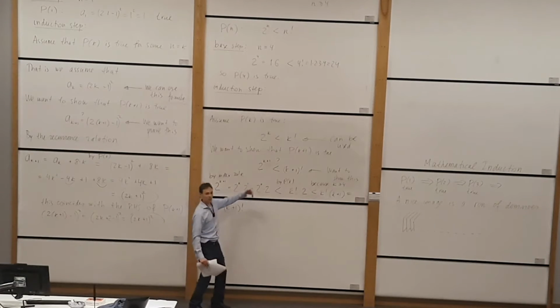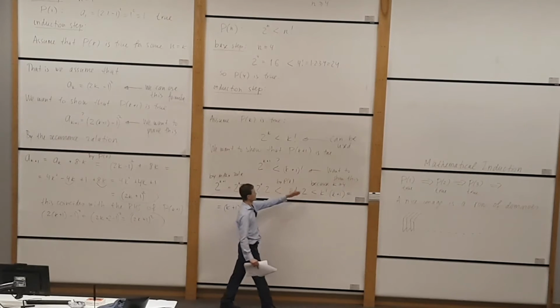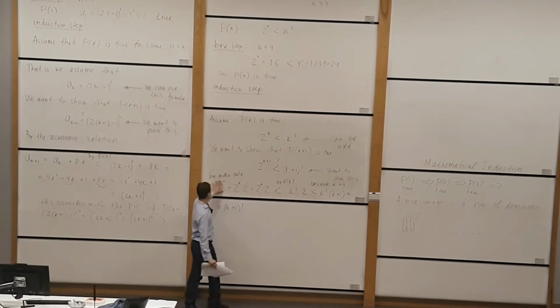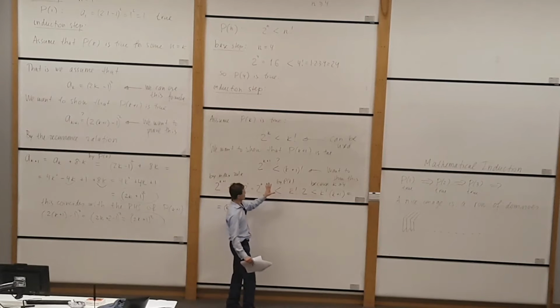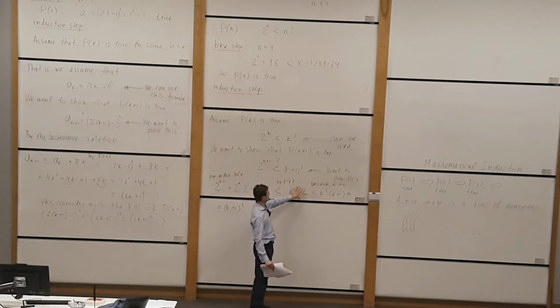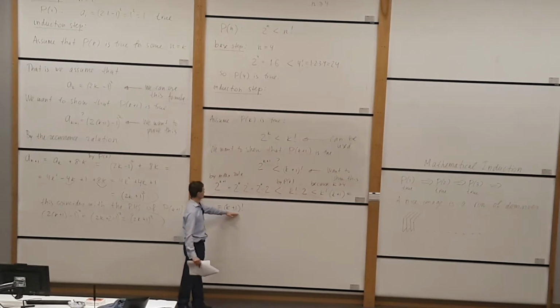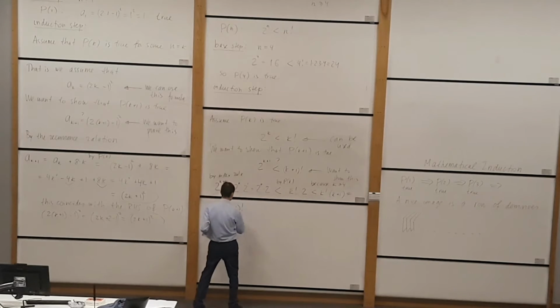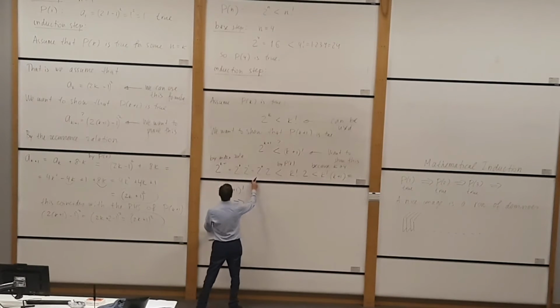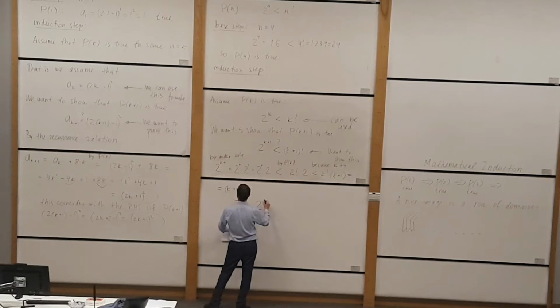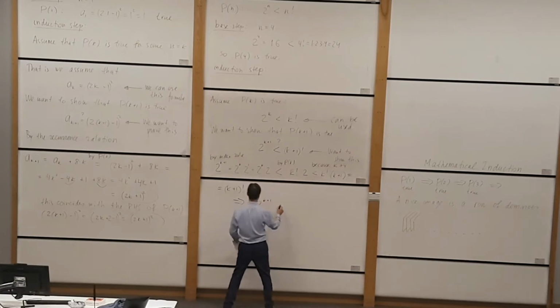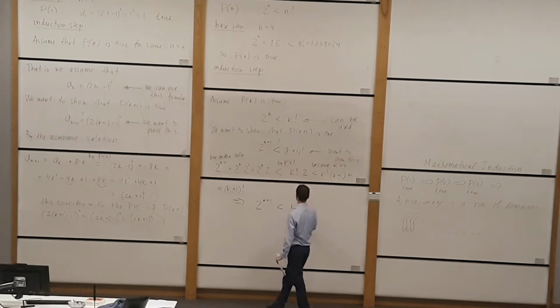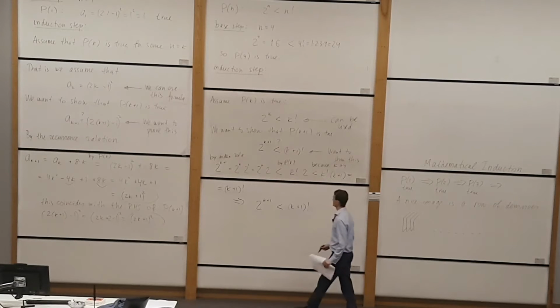So we did 2 inequalities here, right? But always in the same direction, always in the larger direction. So 2 to the k plus 1 is smaller than this expression, and this expression is smaller than k plus 1 factorial. Therefore the leftmost part, 2 to the k plus 1, is smaller than the rightmost part, k plus 1 factorial.